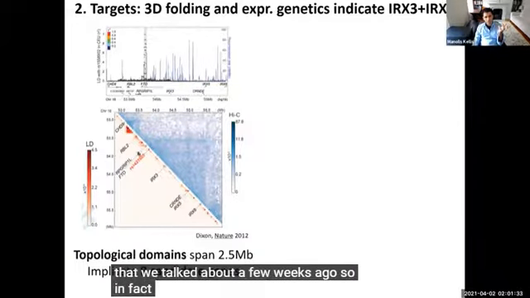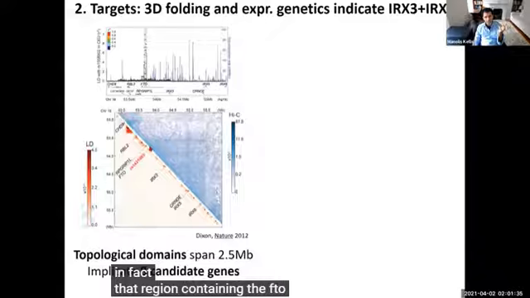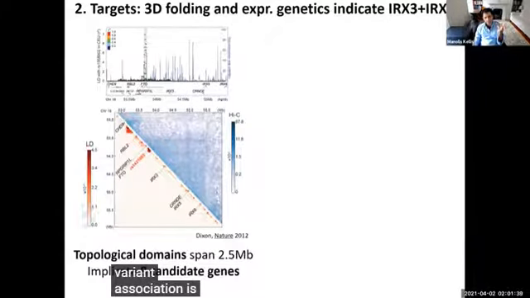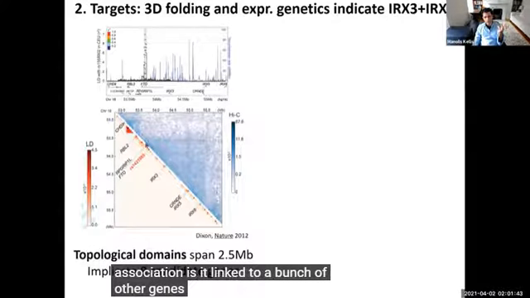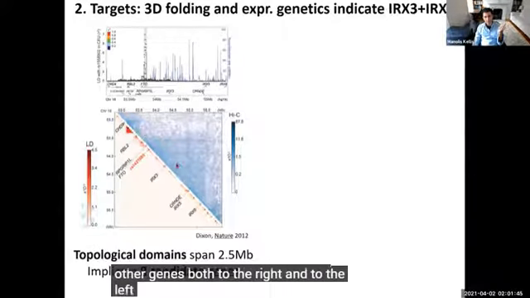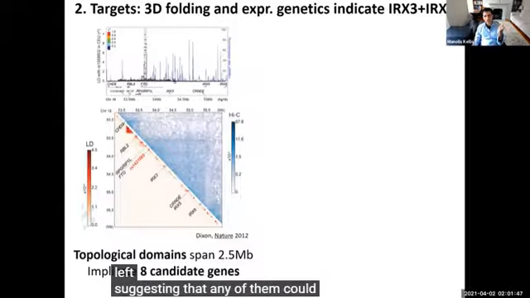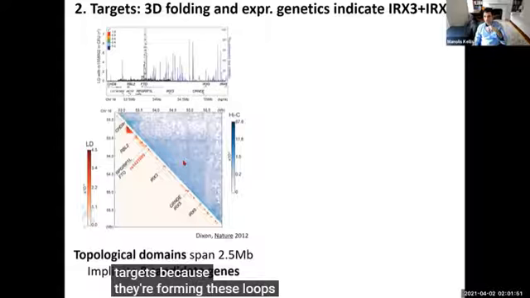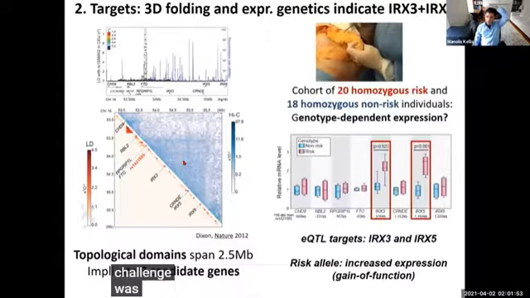So in fact, that region containing the FTO genetic variant association is linked to a bunch of other genes, both to the right and to the left, suggesting that any of them could be the targets because they're forming these loops.